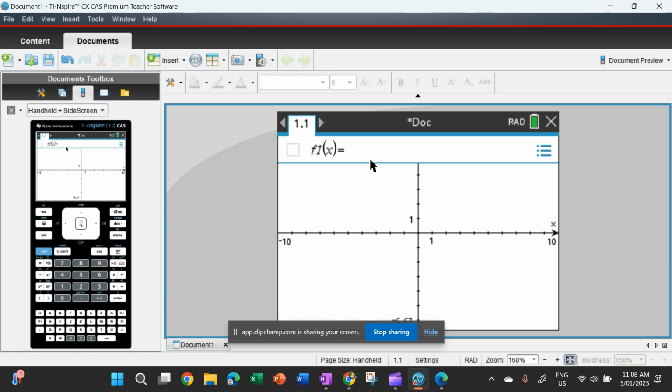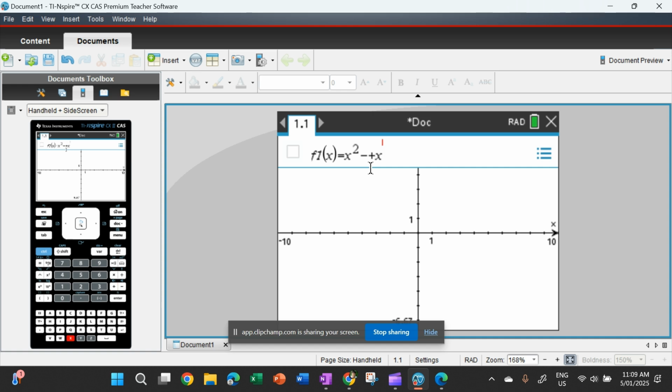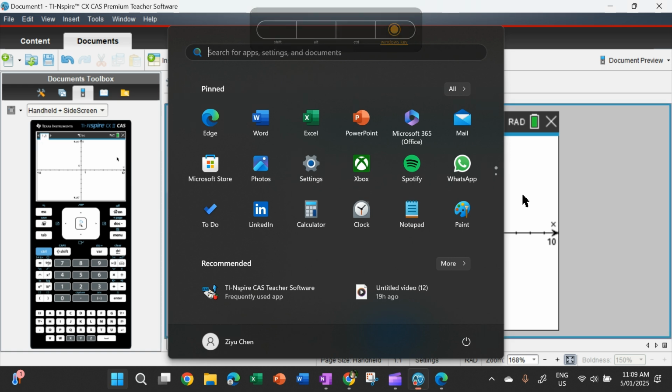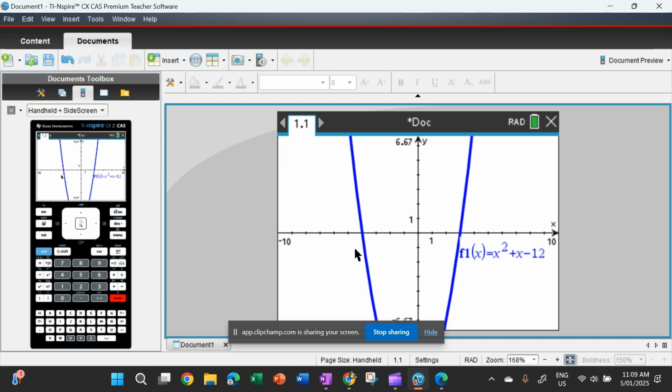As long as you know this, we can graph x squared plus x minus 12. That's what we have, and we press that.